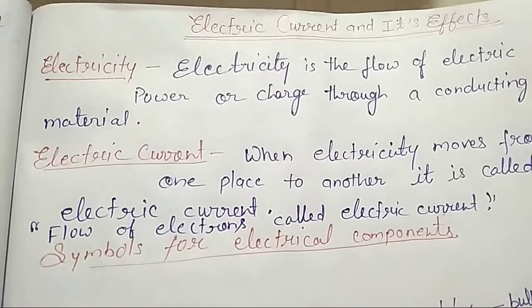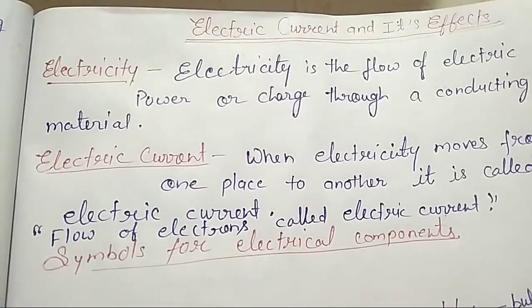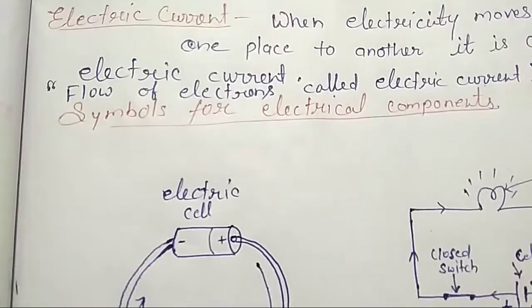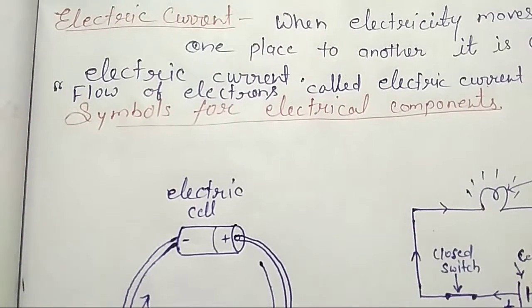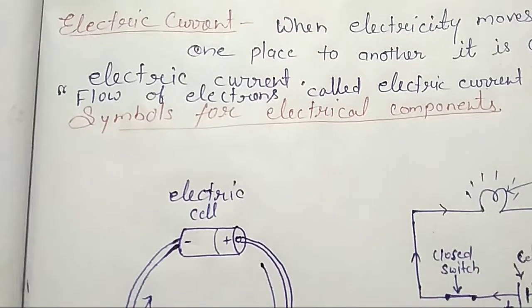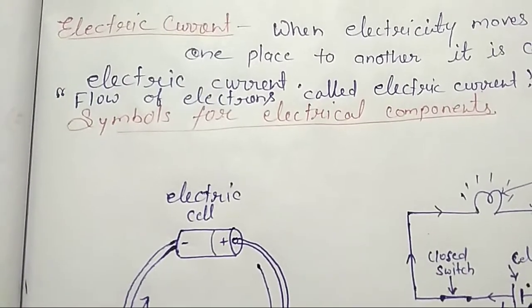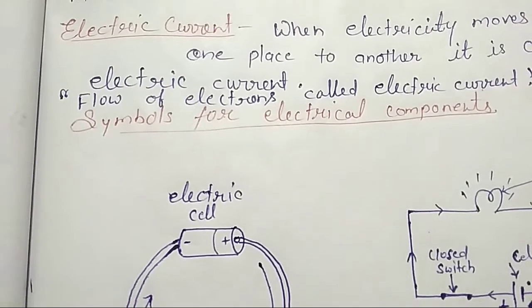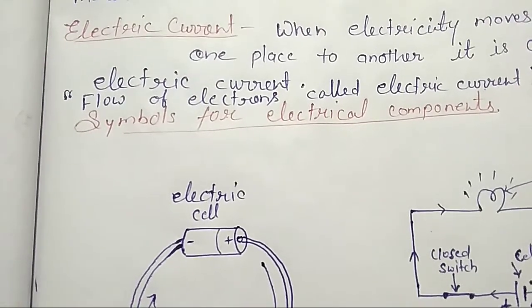So electricity means flow of charges or flow of electrons. In this chapter we will learn how any appliance works on electricity. To understand this, we should know something.